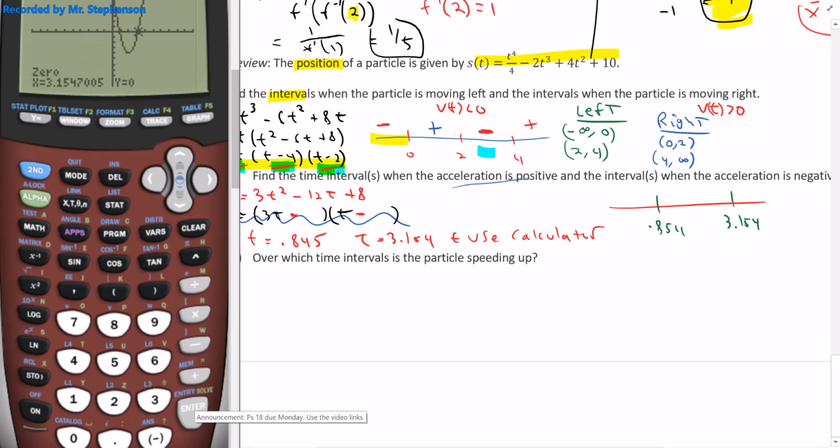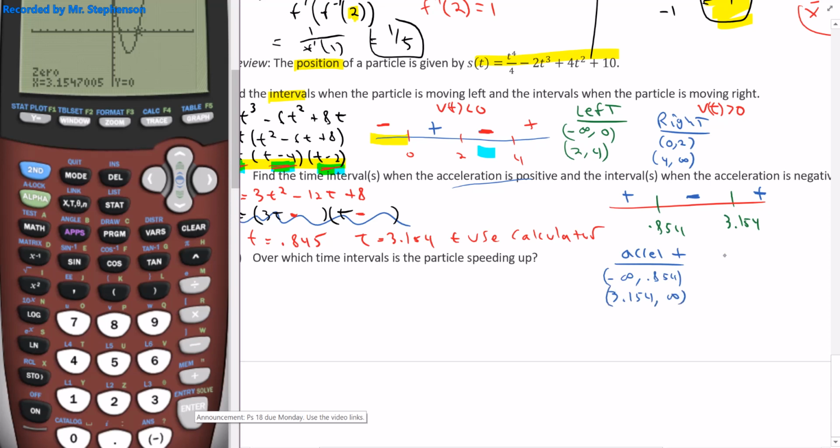Look at the calculator. Before 0.845, the acceleration is above the x-axis, so it's positive, right? After that first x-intercept, it's negative, and then after the second x-intercept, it's above the x-axis again. So we're going to say acceleration is positive from negative infinity to 0.854, not including either one, and from 3.154 to infinity.